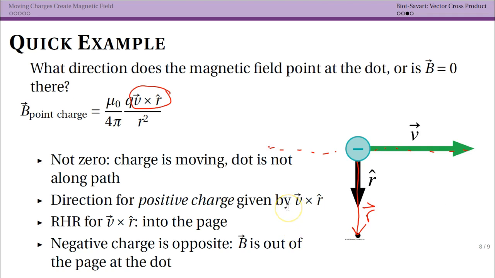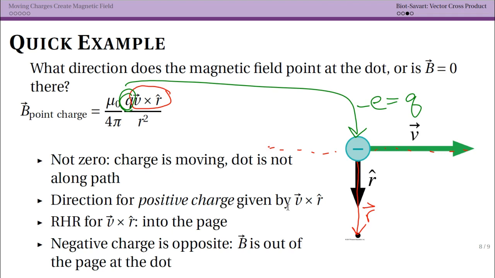Now, something to be careful about is this charge appears here, and in this case our charge is negative. So what I recommend you do is first calculate V cross R and keep in mind that that's the direction for a positive charge. If this is, for instance, an electron, our charge is equal to negative e.